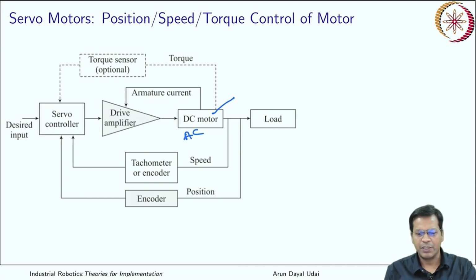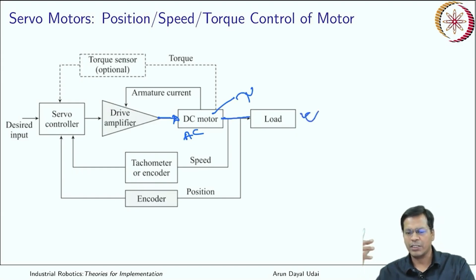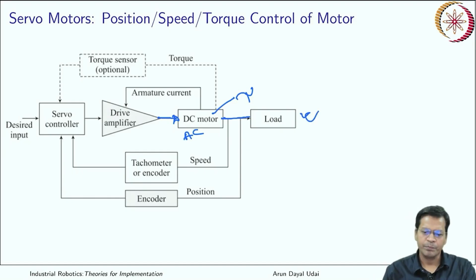This accepts some kind of signal to control its position, okay, and output is torque which it can provide, and you are loaded with some kind of load. It can be a simple link of a robot arm, okay, and then there are sensors as I said, that can give you feedback in terms of speed.